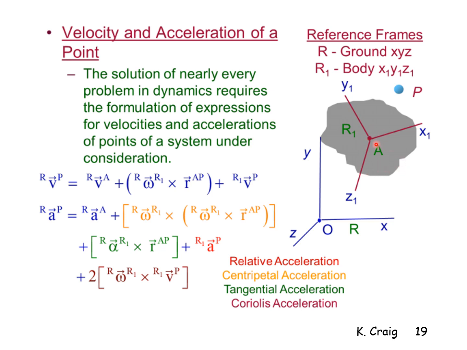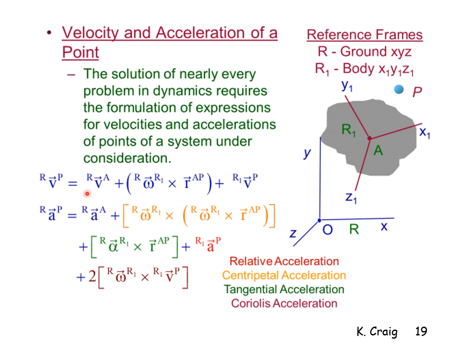These are body fixed axes, and I observe the motion of particle P. But what I need in order to do a dynamic analysis is not the velocity and the acceleration of P with respect to me in the R1 reference frame moving with the x1, y1, z1 axes, but the velocity and the acceleration of P with respect to R, the grounded inertial reference frame.